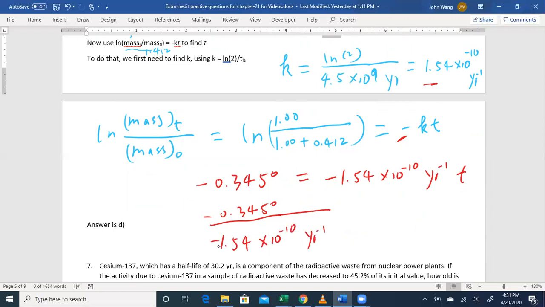That has no unit, equals T. We solve it for T, 2.24 times 10 to the positive 9 years. So the answer is D.